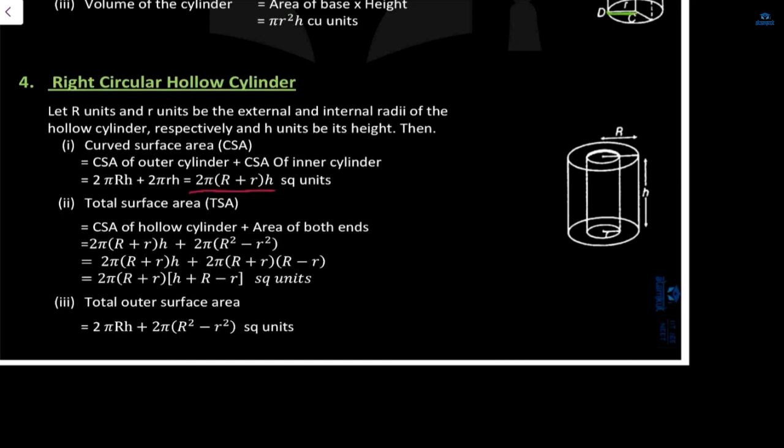Total surface area will be the CSA of the hollow cylinder plus the CSA of both ends.